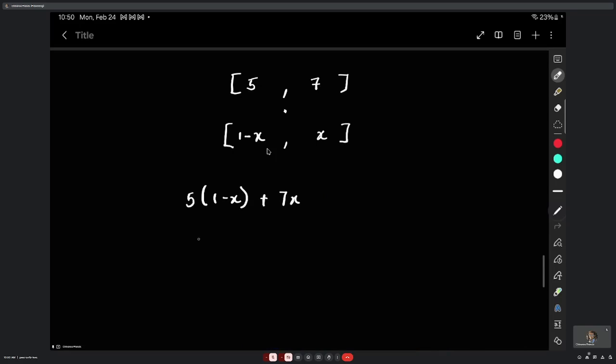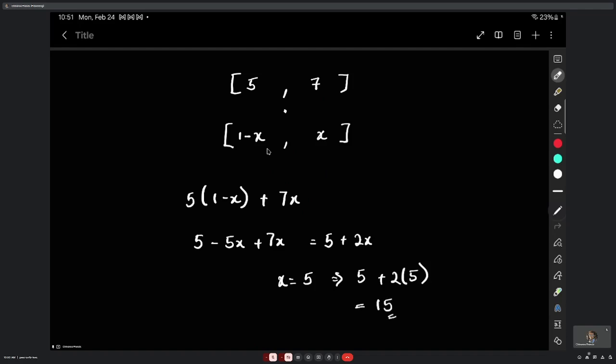So this is 5 minus 5x plus 7x, which is 5 plus 2x. Where x is 5, is it the same? Yeah.